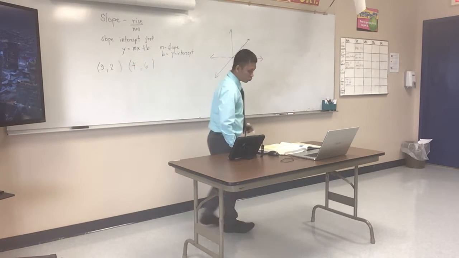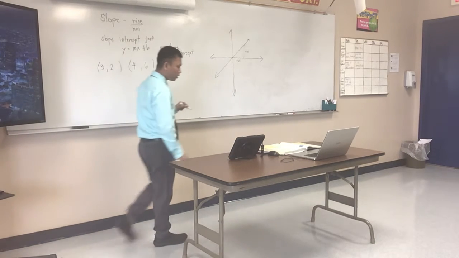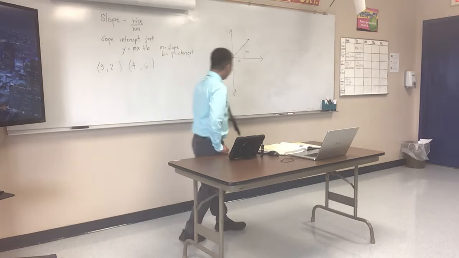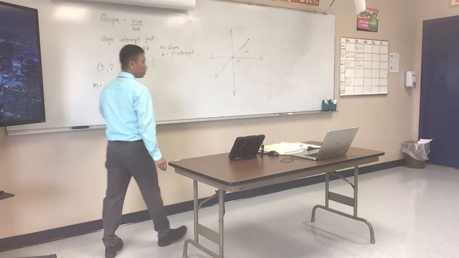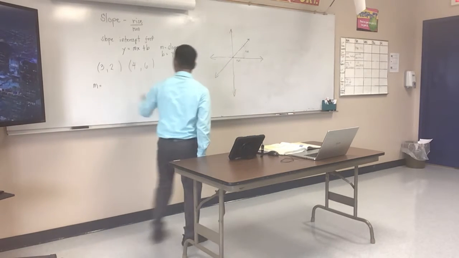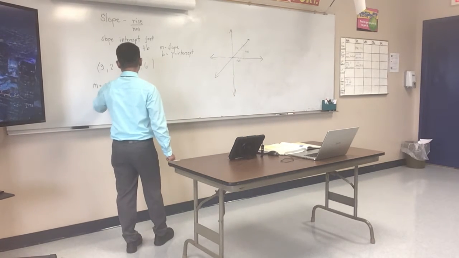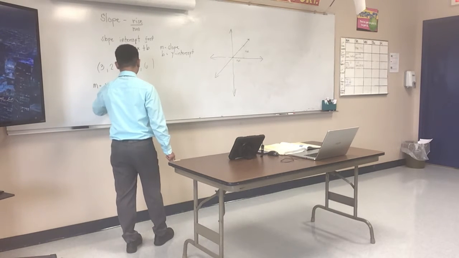In finding slope using 2 points, we have here the formula m equals y sub 2 minus y sub 1 over x sub 2 minus x sub 1.